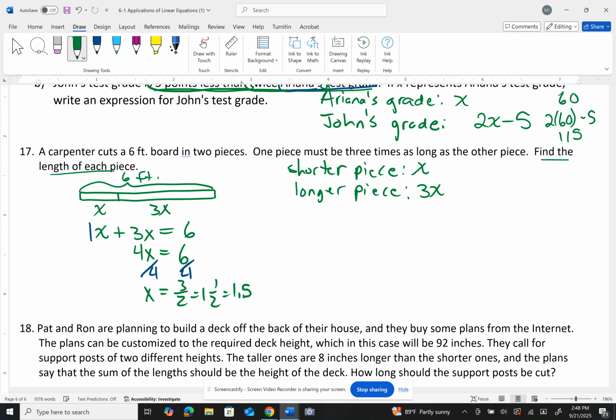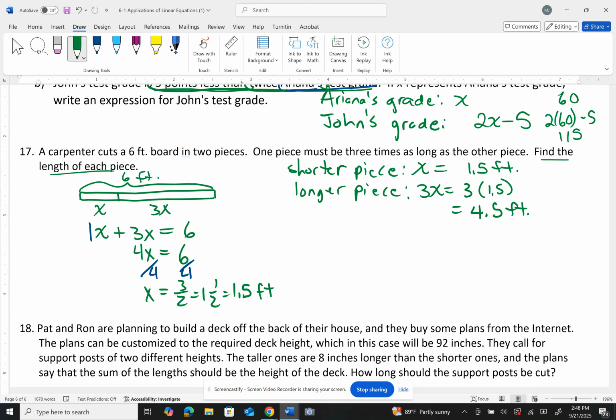And since the 6 was in feet, that would be 1.5 feet. So the shorter piece would equal the 1.5 feet. So that means the longer piece would equal 3 times that, which would equal 4.5 feet.